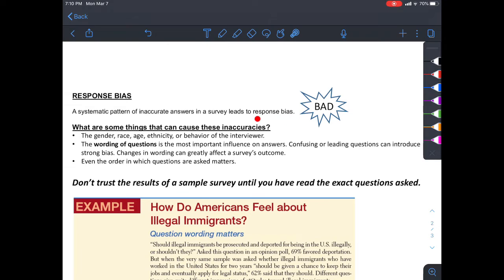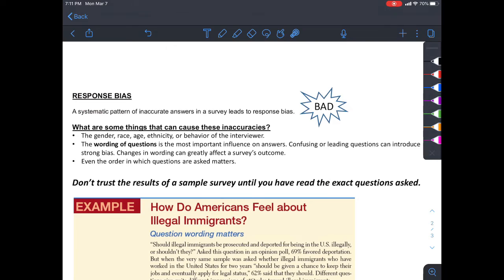For example, things that can cause inaccuracies in the responses people give include the gender, race, age, ethnicity, and behavior of the interviewer. The interviewer can influence the results of a survey because people sometimes respond differently to different genders, races, ages, ethnicities, etc. Unfortunately, this is reality. Some people have their own personal biases, and based on the interviewer, they might not respond accurately.